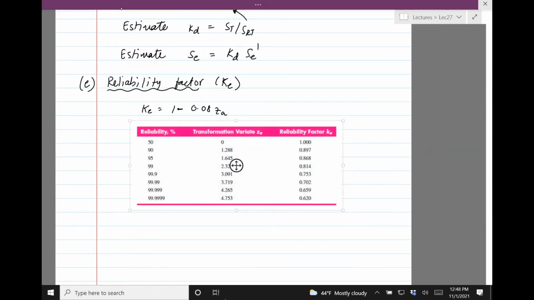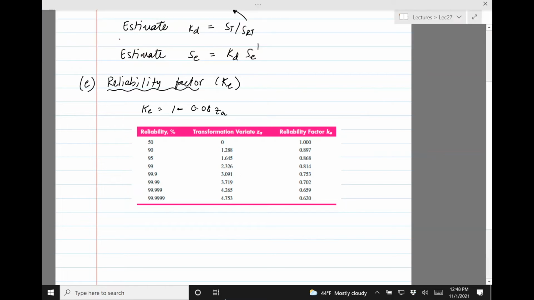So it actually does go a step further. The table gives you the factor KE directly, so you don't have to even use the formula. Given the reliability, you can directly find KE.